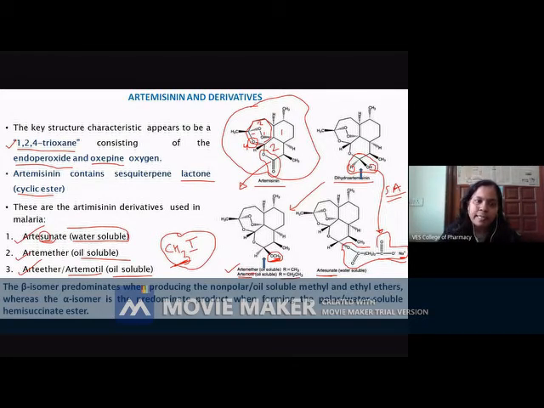If they ask you to give an example of an oil soluble artemisinin derivative, your answer should be artemether. While for artemisinin or its derivatives which contain a lactone, the only example would be artemisinin, because in the others the lactone's carbonyl group is reduced to the hydroxy group in dihydroartemisinin, to the ether in case of artemether and arteether, as well as to the hemisuccinate salt in case of artesunate.